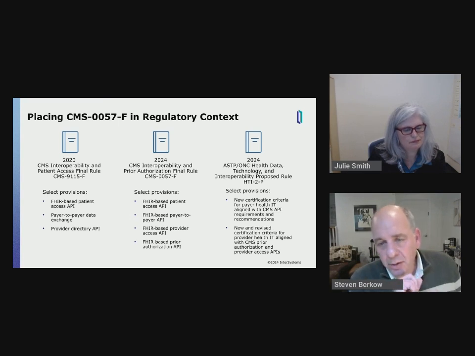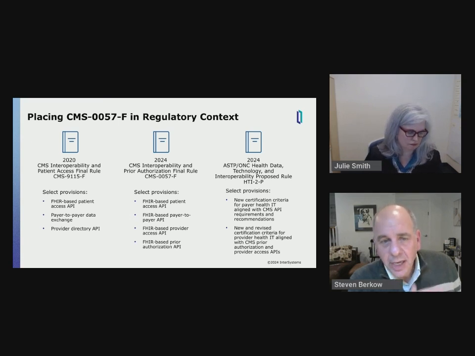ONC regulates the certification program for health IT. So that's really what is at issue here, at least with respect to building off of 0057. The top bullet talks about how they are expanding the health IT certification for provider health IT. In effect, if you get into it, now saying, wait, if you want to be certified, you have to comply with those Da Vinci IGs.